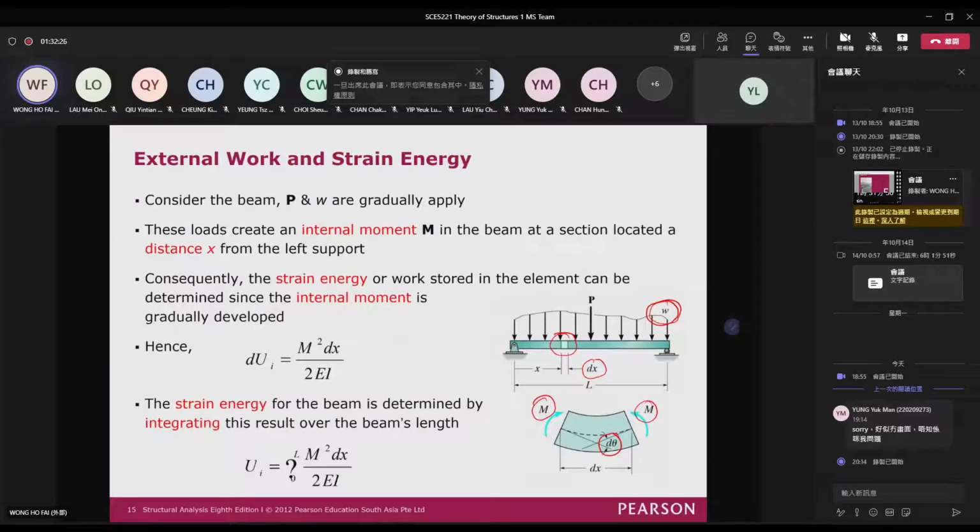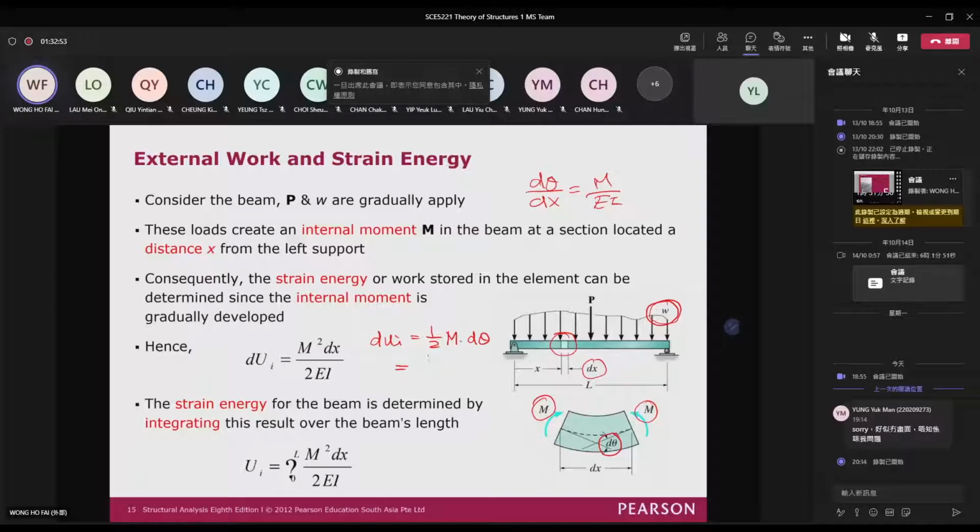So here, the strain energy equals half times M times the d theta, because the moment will increase from 0 up to M, and the deflection will increase from 0 up to d theta. And then you know that d theta over dx is equal to M over EI.